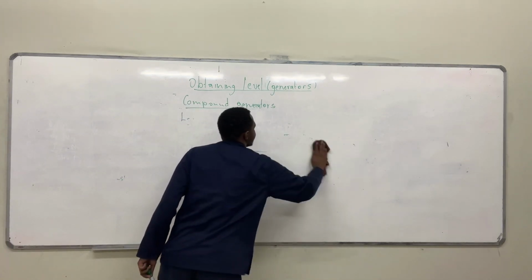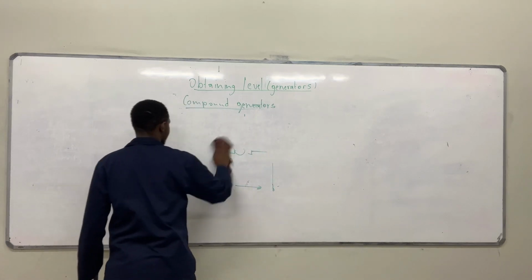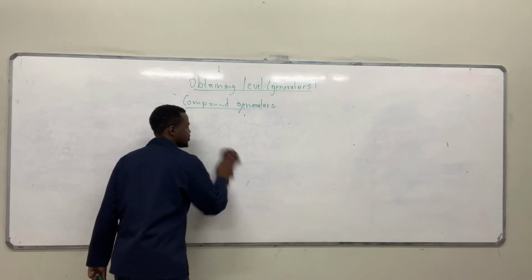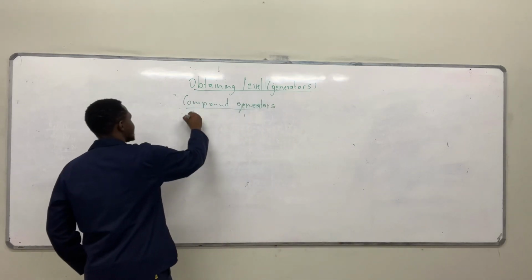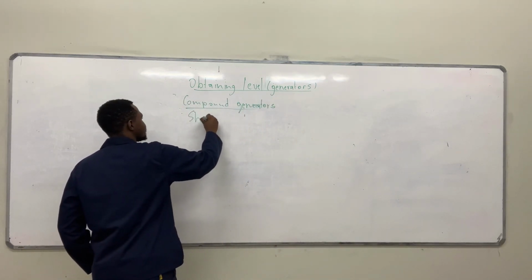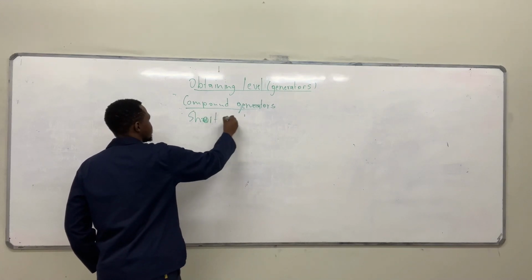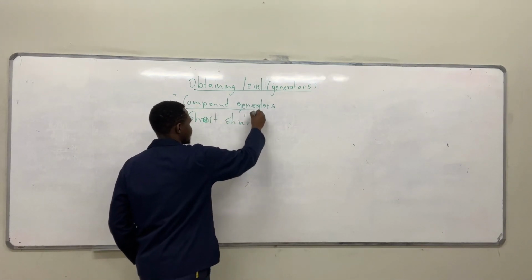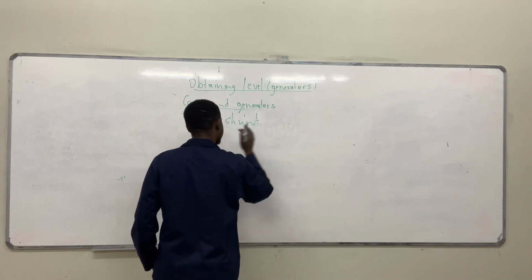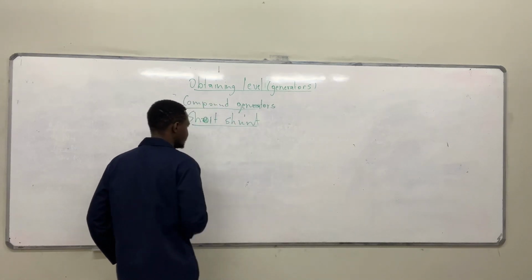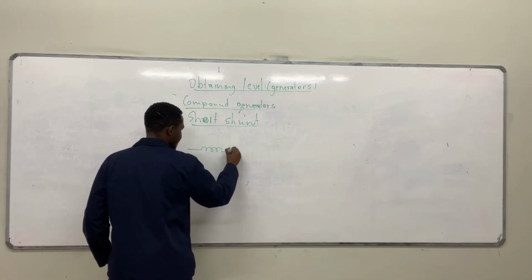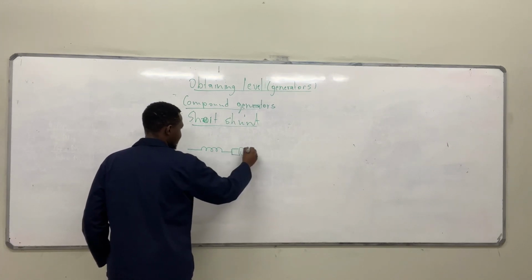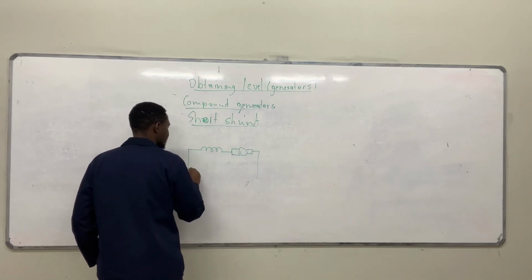Then let us look at short shunt. For a short shunt, we have the series field winding in series with the armature.